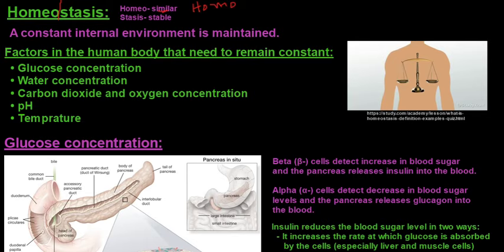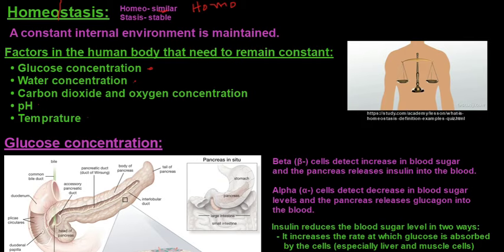So basically it is a constant internal environment that needs to be maintained. There are different parts in our body that need to remain constant in homeostasis. The first one is the glucose concentration, your blood sugar levels, then water concentration. We'll look at that when we do the excretory system, carbon dioxide and oxygen concentration, pH, and then temperature.